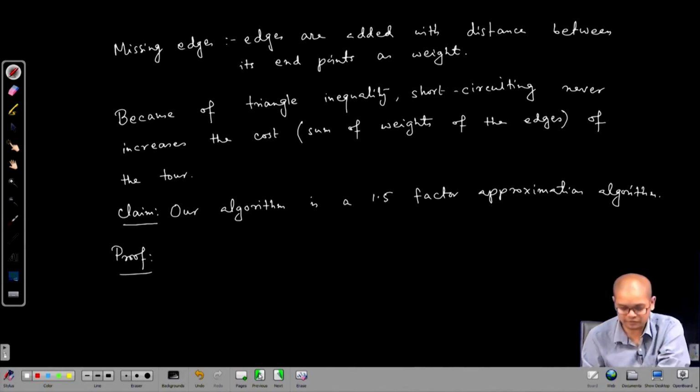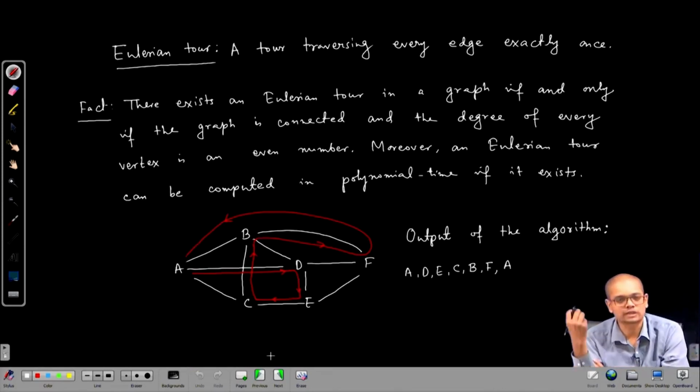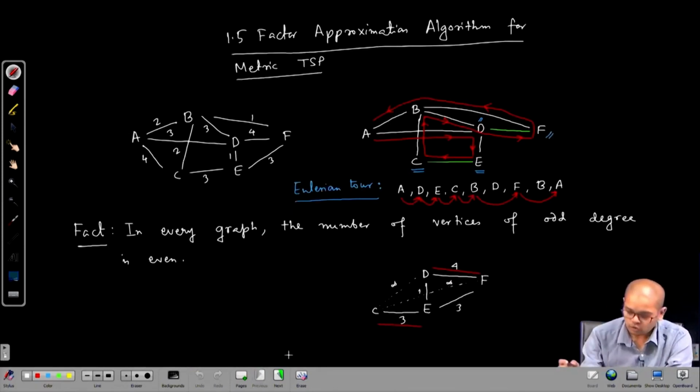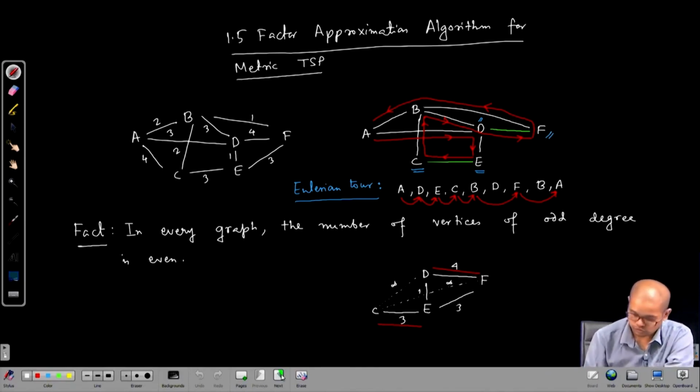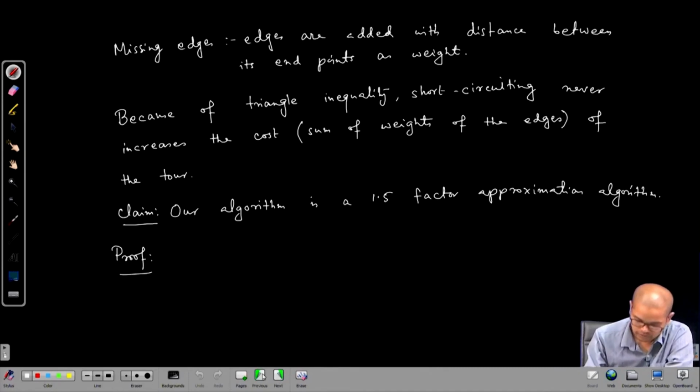So, first observe that even without short circuiting, the cost of our edge is bounded above by this Eulerian tour. So, the alg is the cost of output tour.